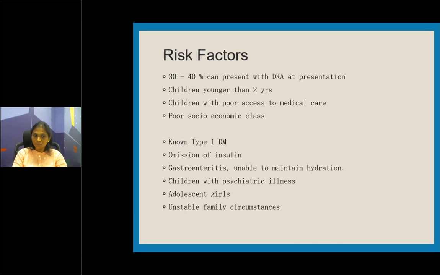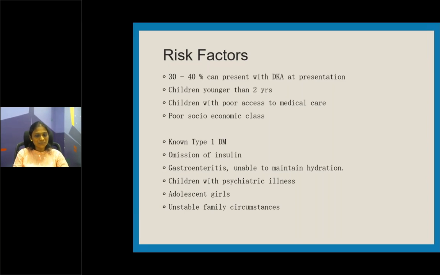Children who have already been diagnosed with type 1 diabetes, DKA can be precipitated more commonly when there is an intercurrent infection, for example gastroenteritis. When there is a severe gastroenteritis and they are unable to maintain oral hydration, then it results in a tilting of the balance and they go in for a DKA.